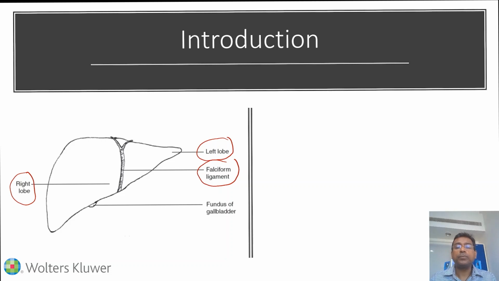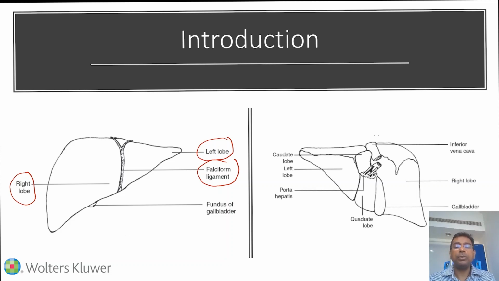And in this figure we can see the posterior surface of the liver, which is related to several of the visceral organs, and we can also see the caudate lobe, quadrate lobe, and in between the hilum or the porta hepatis.